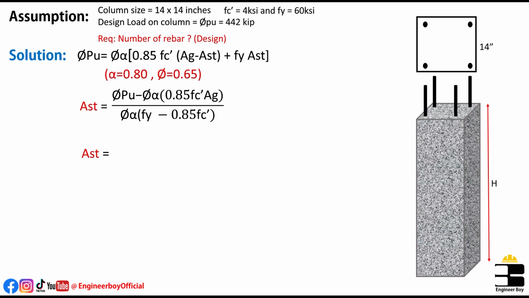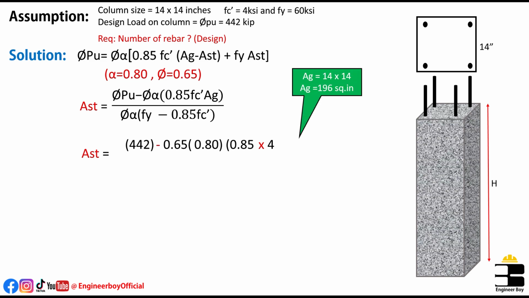Ast is the design load, which is 442 kip, and then we have theta, which is already known, 0.65, then alpha times 0.85 f'c, which is already known, 4 ksi, and Ag, the cross-sectional area of the column, which is 14 times 14, divided by the same alpha and theta, and then fy, which is 60 ksi, the grade of the steel going to be used in the column, and then 0.85 and f'c.